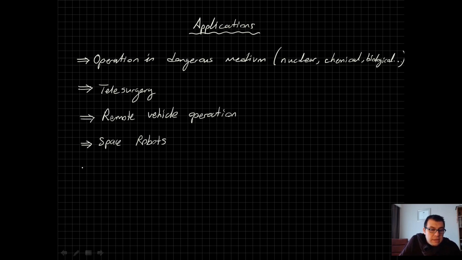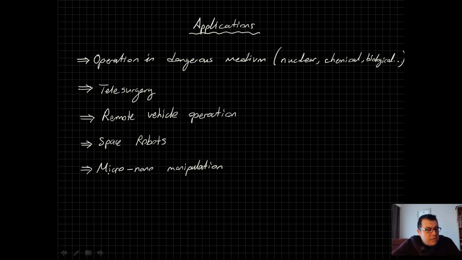Well, I can write here another item. Micro nano manipulation. So, if you have a teleoperation system, by proper scaling, you can scale your motion down in such a way that you make some macro motion on the master side, and the slave system scales it down and carries out certain micro motion.